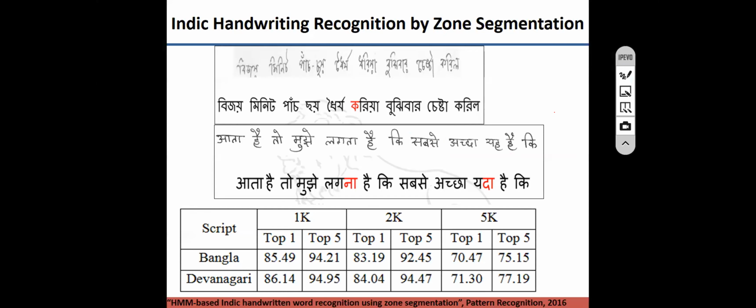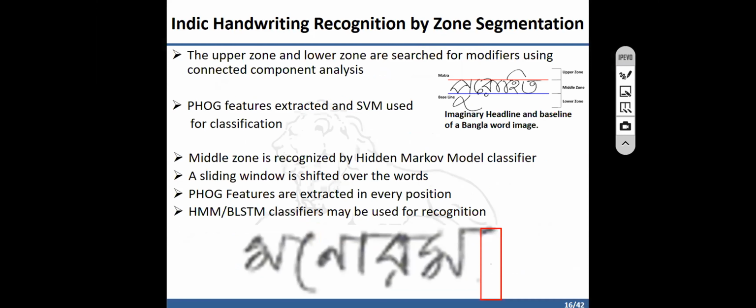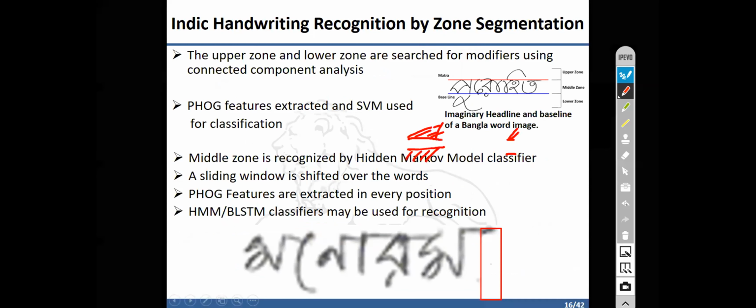I'll not go into details of the pre-processing parts, but I'm just giving you the idea of what was the idea for improving Indian handwriting recognition from 40%. If you do it for 400 character classes, it will go only to 40%. So what was the idea?